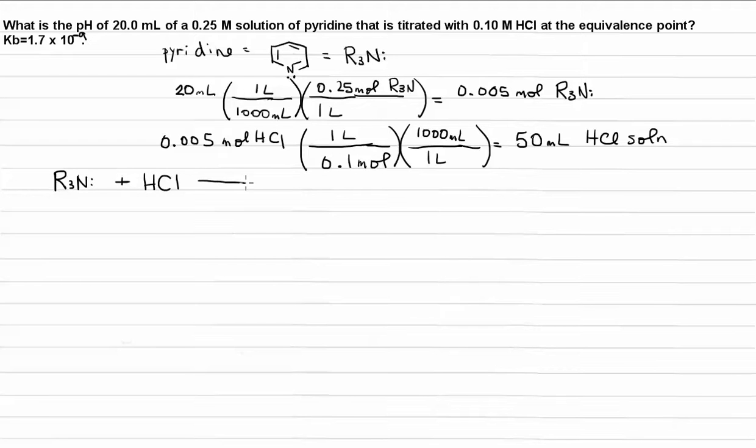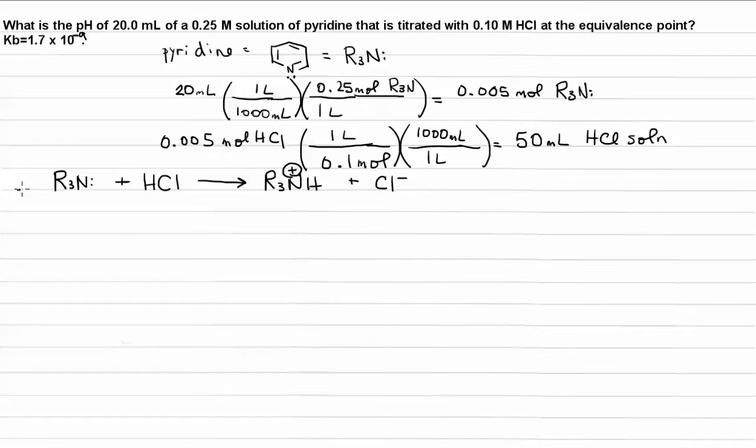R3N is a base. The base is going to pull the proton off of the acid. So after the base pulls off the proton, you form its conjugate acid, R3NH+. And after HCl donates its proton away, you're left with chloride, Cl-.